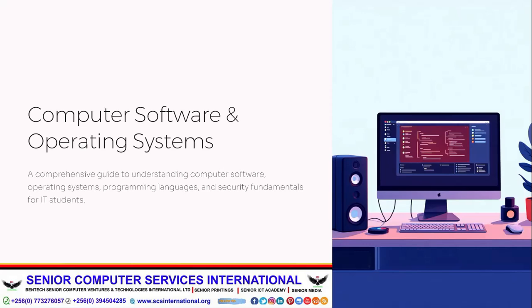In this lesson, we look at system software, programs like the operating system that manage hardware and basic operations; application software, programs we use to perform specific tasks such as Microsoft Word, Excel, and web browsers; and utility software, tools that help maintain and protect the computer, like antivirus programs or disk cleaners.